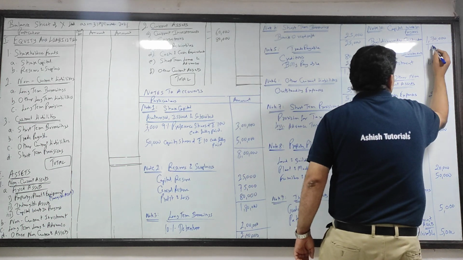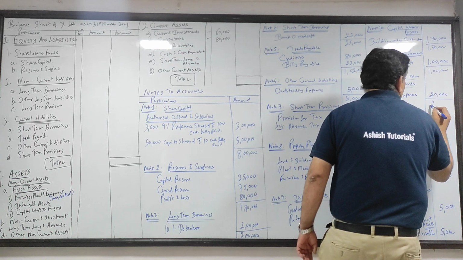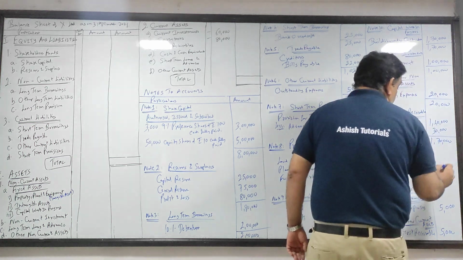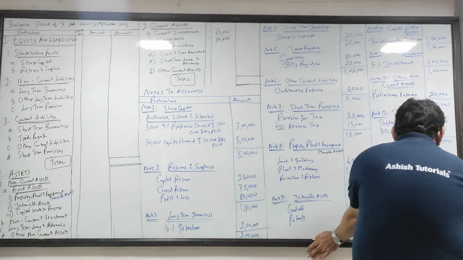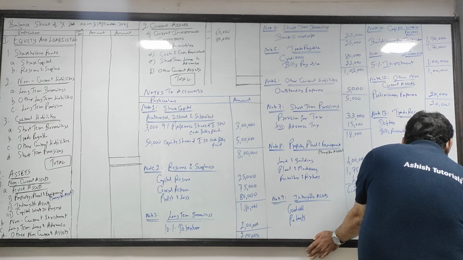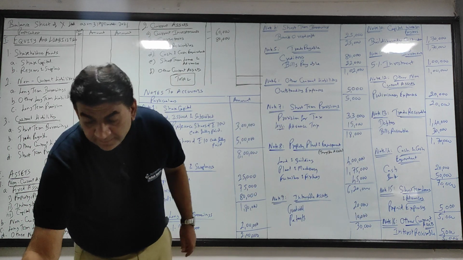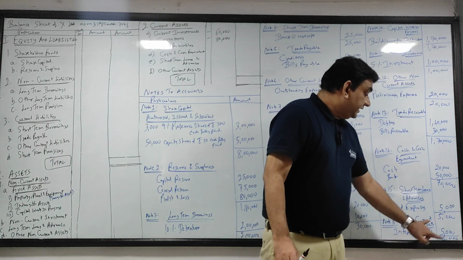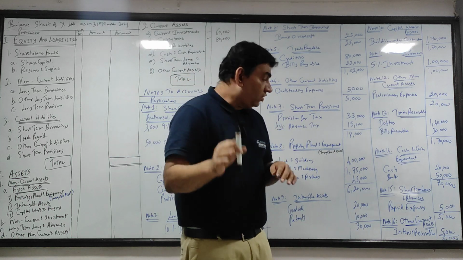Only one item: 170 itself is the total. 1 lakh itself is the total. 20,000 itself is the total. 170 itself is the total. 20 and 50, 70 itself is the total. 5,000 itself is the total. Both are 5,000 each. Got it? So short-term loans and advances: prepaid expense 5,000, interest receivable 5,000. Clear with this, guys? Got it?